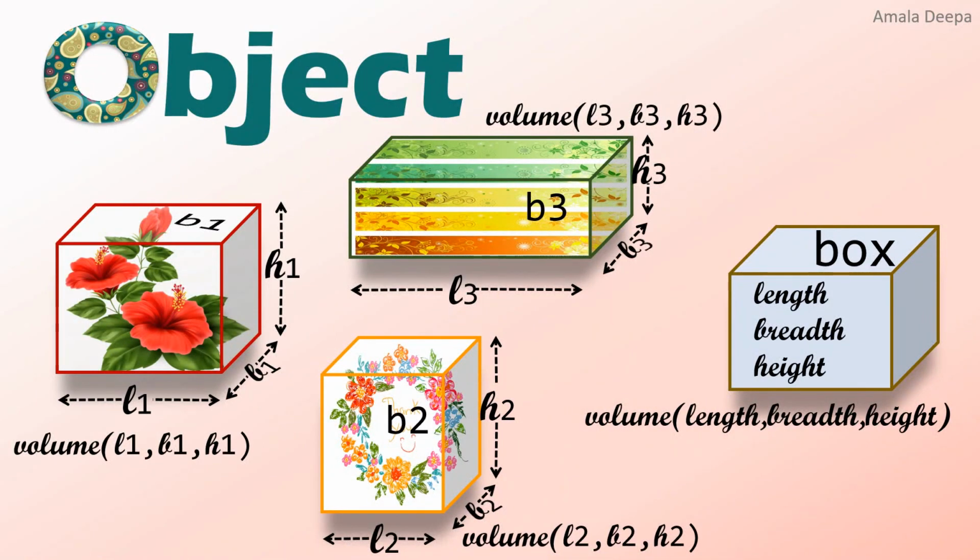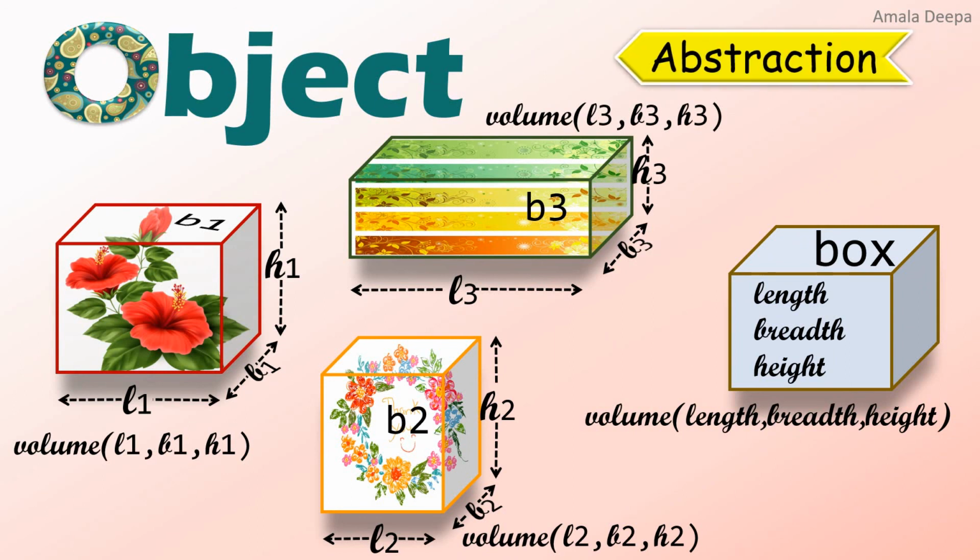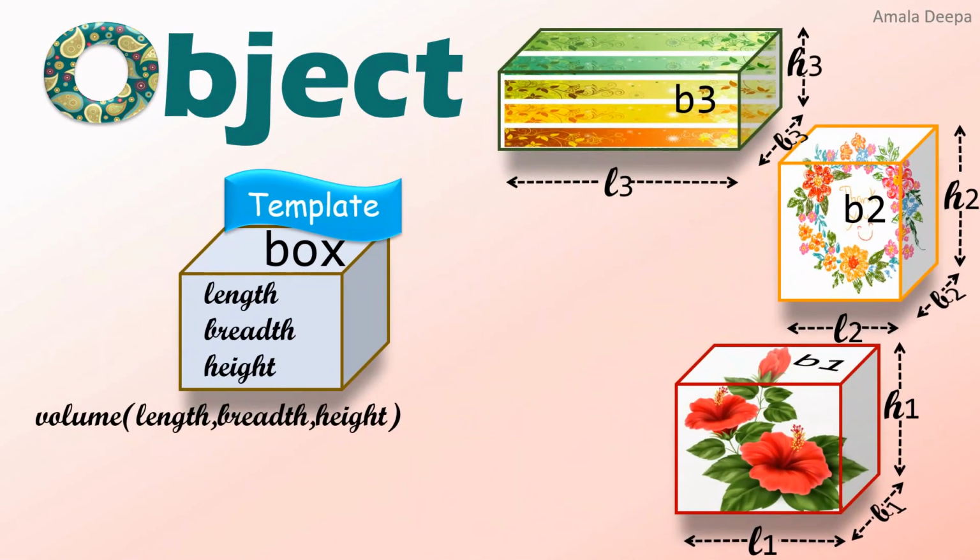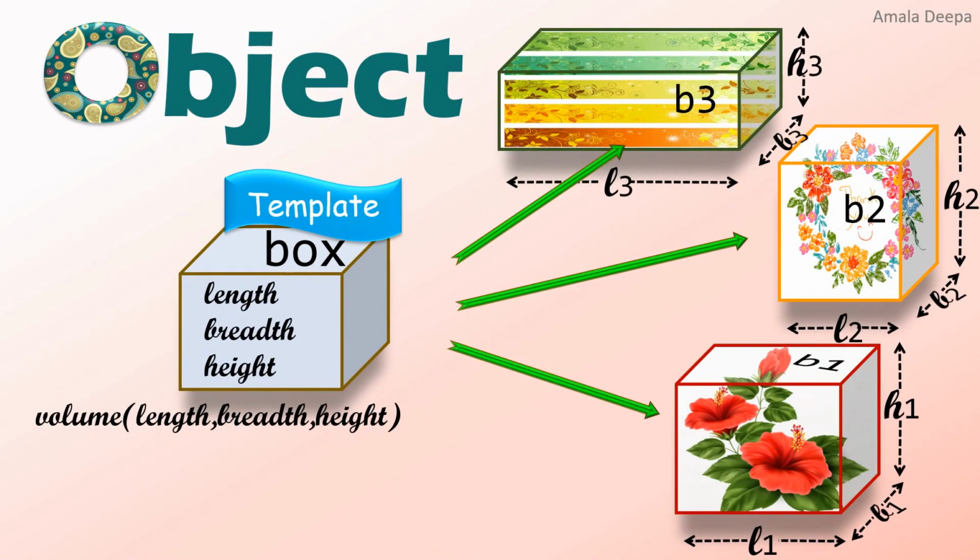This leads us to another important principle of object-oriented programming, namely abstraction. Abstraction means simplifying things. This common object box serves as a template for all the boxes. We can now think of this template as a blueprint from which other objects are created.